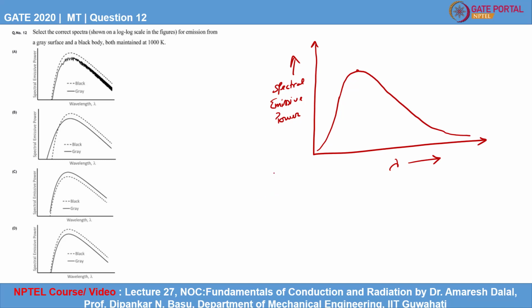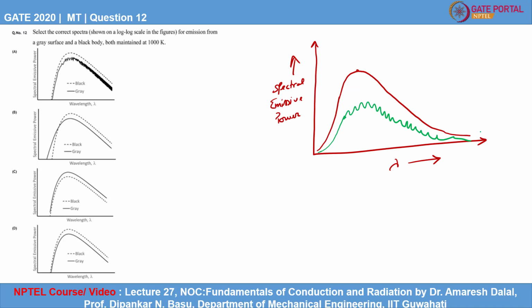Now for a black body at any given temperature, a real material will emit less energy than that of a black body, because the black body can emit radiations of all wavelength, it can absorb radiation of all wavelength, and a real body on the other hand will show a spectra like in the green.